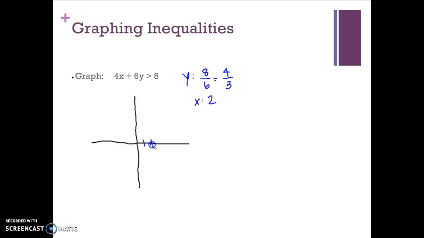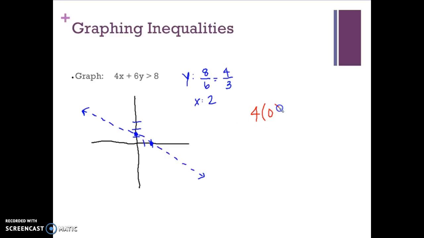So I'm going to go to 2 on my x-axis, and we'll go to 1 1/3 right about there on my y-axis. And oops, this one's a dotted line because it is just greater than. And to decide where to shade, I'm going to plug in 0, 0.